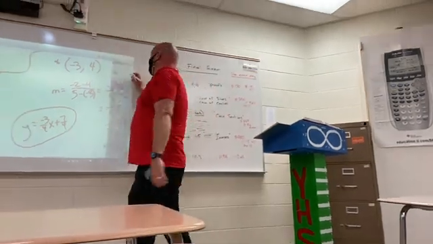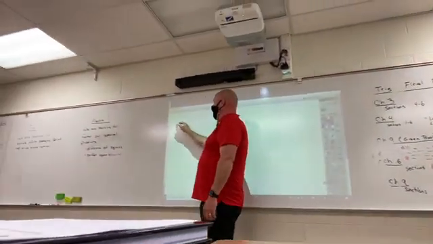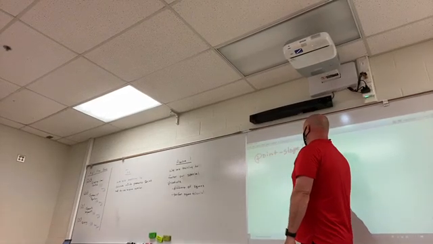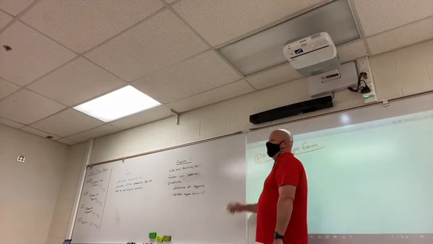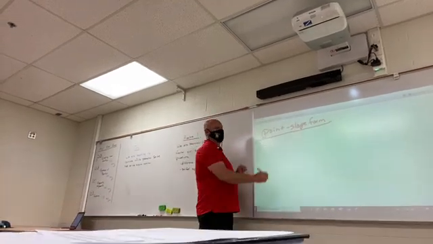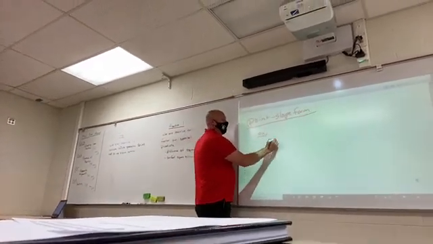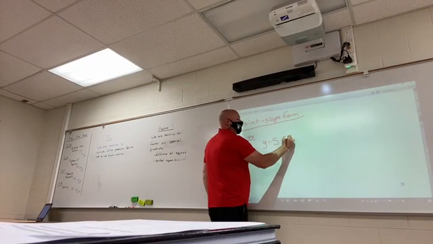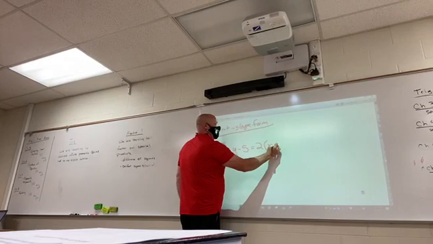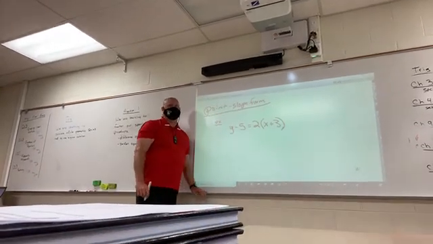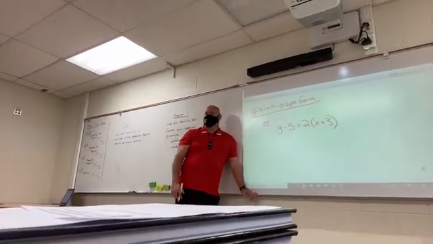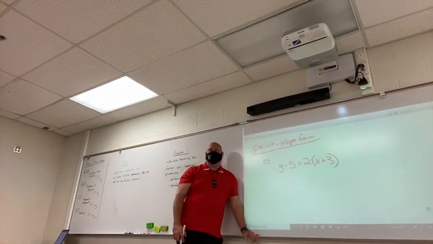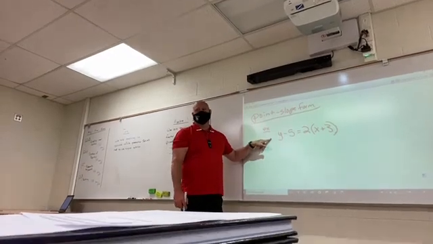Do you remember point-slope form? An example would be something like y minus 5 equals 2 times (x plus 3). What point does that go through? What's the point that this came from?